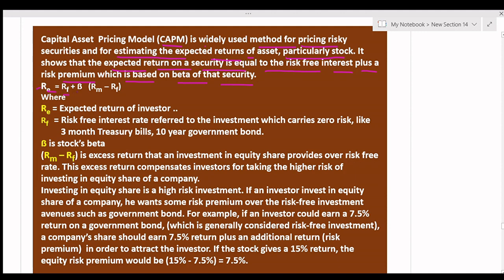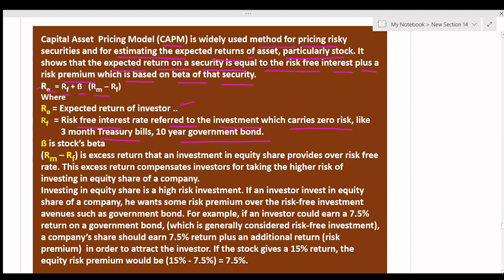where RE is equal to expected return of investor. RF is risk-free interest rate referred to the investment which carries zero risk, like 3-month treasury bill, 10-year government bond.